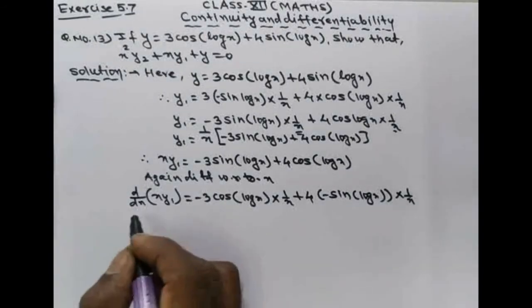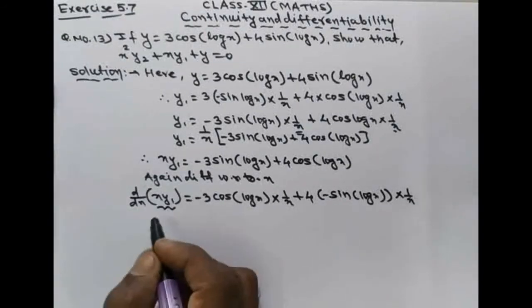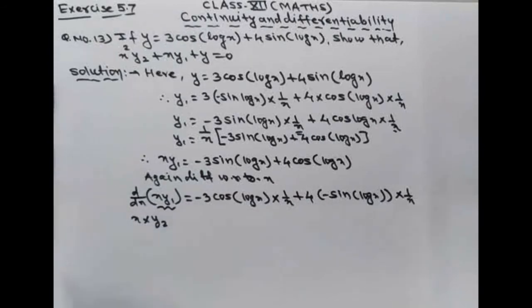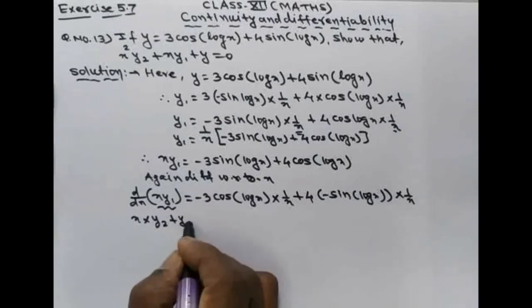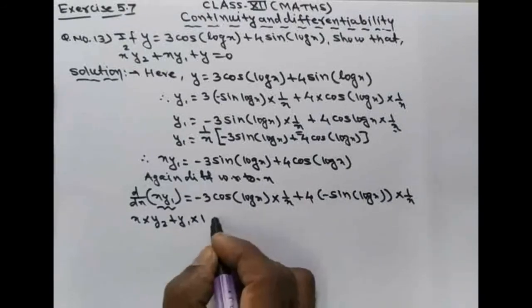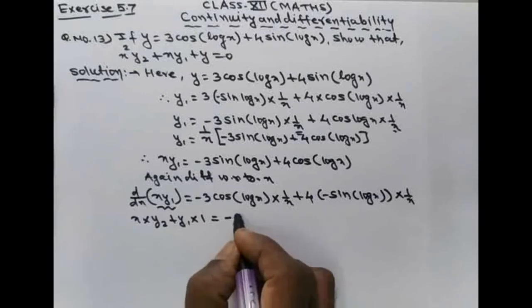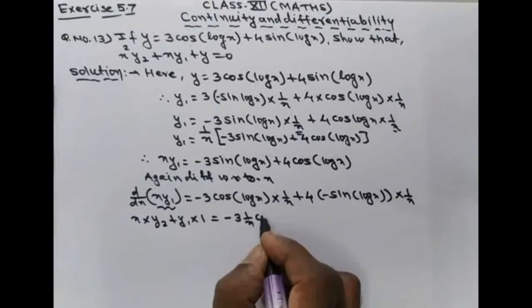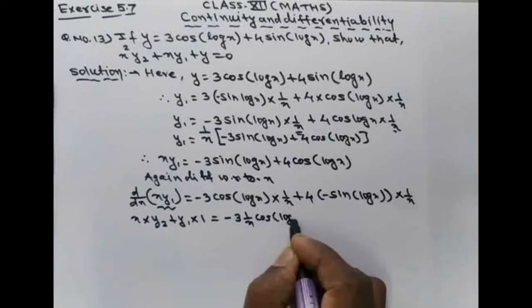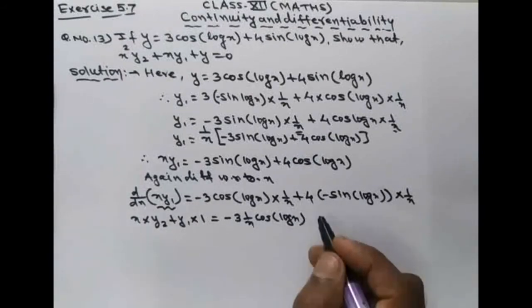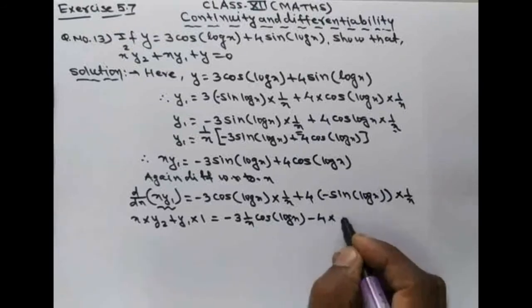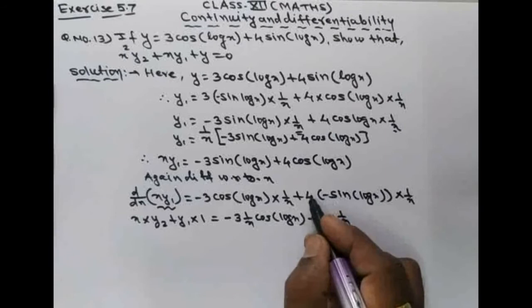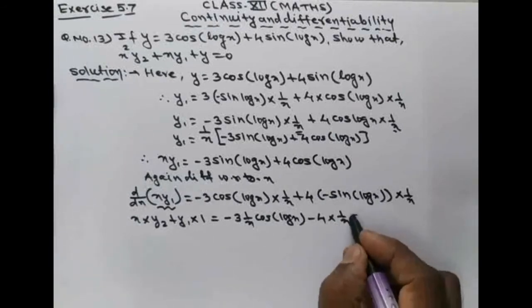Now for the derivative of x into y1: first function into derivative of second function y2 plus second function into derivative of x is 1. This is minus 3 into 1 upon x cos of log x, and this also minus 4 into 1 upon x sin of log x.